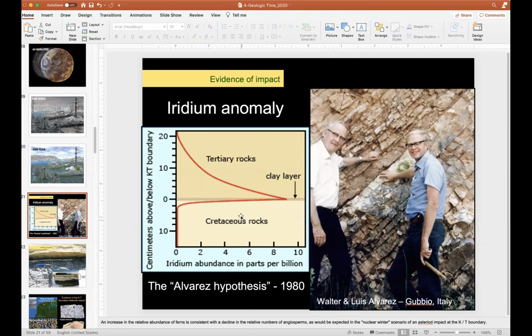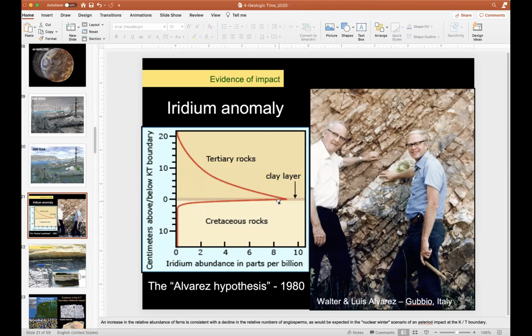They discovered this iridium anomaly in the sediments that formed along that Cretaceous-Tertiary boundary. And iridium is an element that is not very abundant on Earth, meaning that it had to be an extraterrestrial source of iridium that was provided during this meteorite impact.